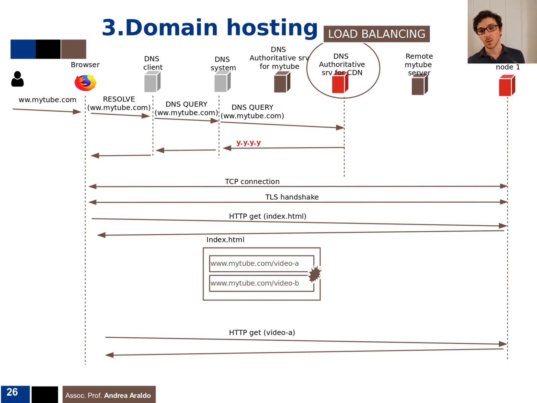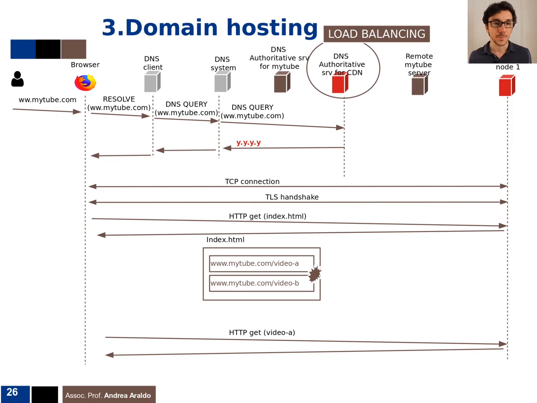So in other words, you're hosting your own name entirely in the CDN. From now on, all the requests to MyTube, even the DNS queries toward mytube.com, go directly to CDN. So MyTube is completely out of the game. They don't have to do anything anymore. They don't even have to handle a DNS server. This is why this solution is the easiest for MyTube, the content provider.